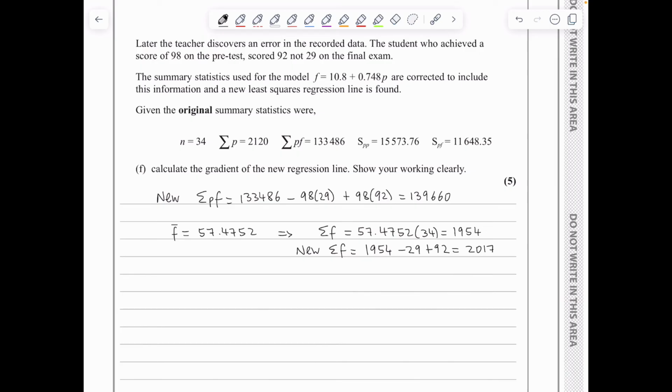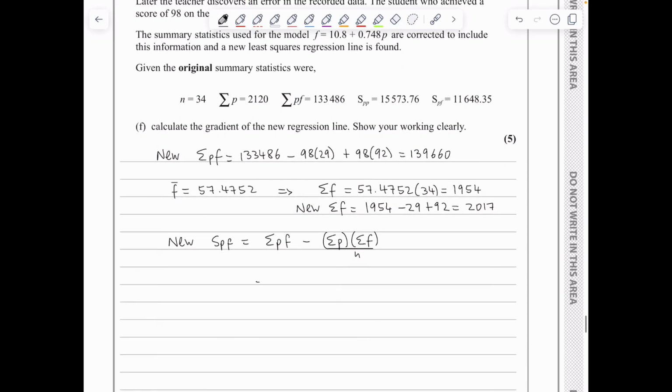I will proceed in finding the new SPF, which is the sigma PF minus the sigma P times the sigma F over the N. So in our case, it's 139,660 minus the 2,120 times 2017 over the N, which was 34, which gives an answer of 13,894.11.